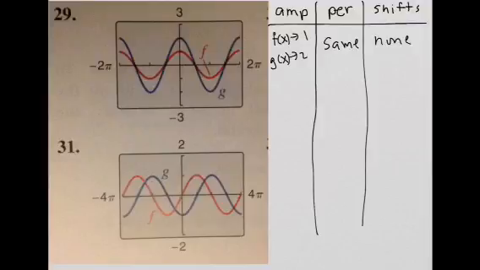Number 31, the amplitudes are the same, right? They have the same maximum and minimum values. The periods are different. No, actually, take that back. The periods are the same, okay? If you look at this one, 1, 2, 3, it goes up to 4 pi, so this period is 2 pi.